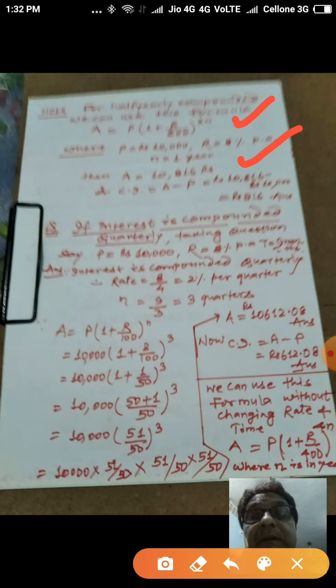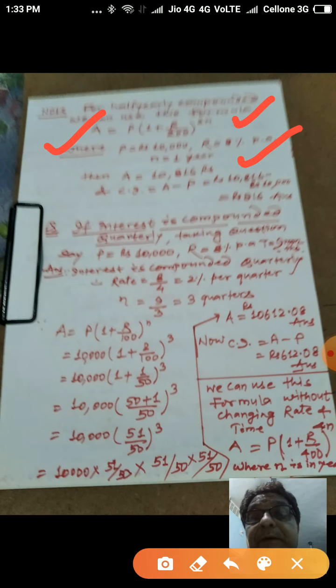And this formula, just memorize this: amount equal to principal into (1 plus r by 200) raised to the power 2n. Here you don't have to change the information. Here the rate will be in percent per annum, time will be in years, keeping this information as such.